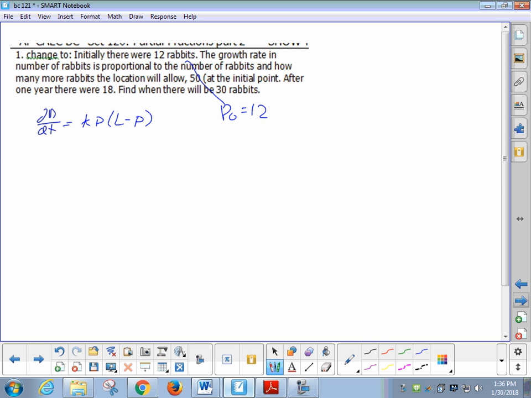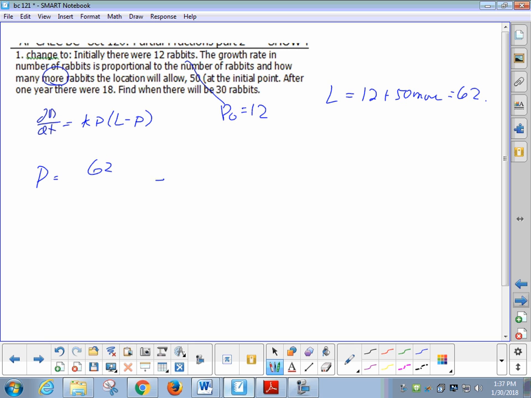It says, how many more the location will allow? 50 from the initial point. So what's the carrying capacity? 12 plus 50 more, or 62. Carrying capacity was 62. 50 more from the initial point. 62 is what the location will allow.